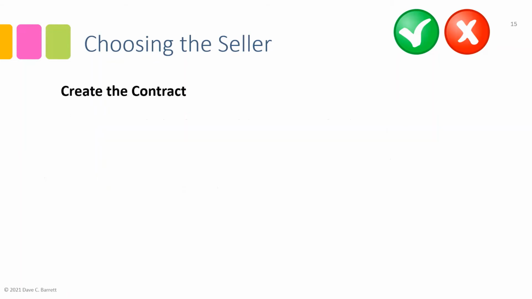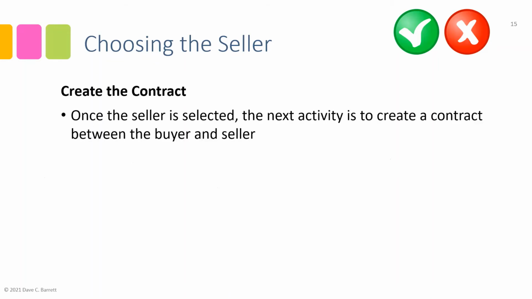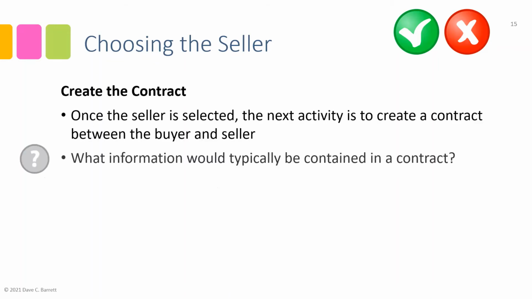The next step is, once a seller is selected, once we have made the decision of which one to proceed with, the next step is to create the contract. So this is a legal contract between the buyer and seller.